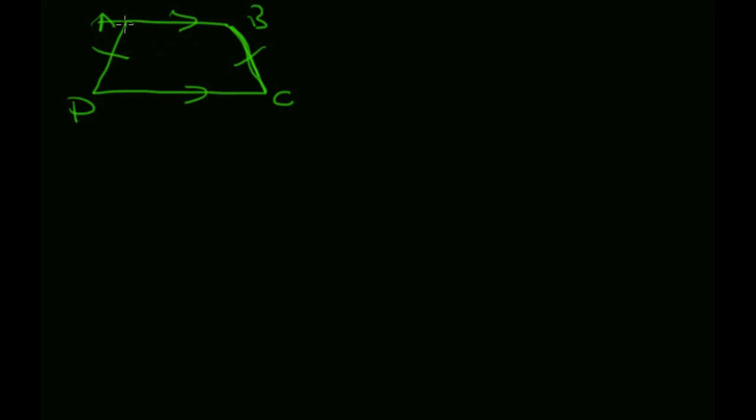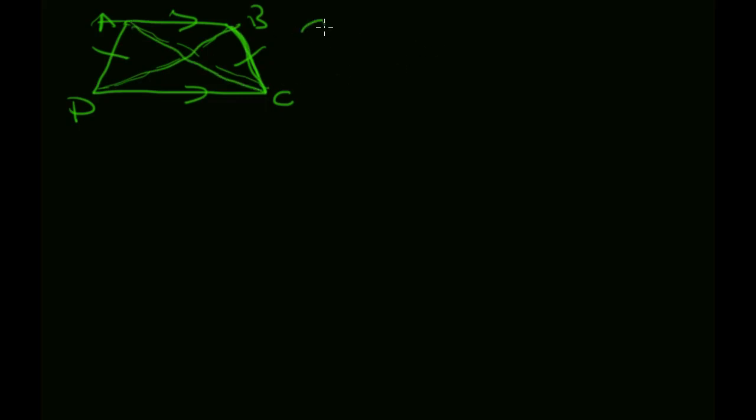So let's build our isosceles trapezoid up here again. We're going to call this again A, B, C, D. These are parallel, these are congruent. And what we're going to focus in on is the two diagonals.